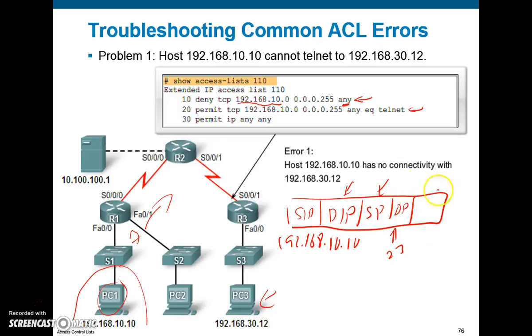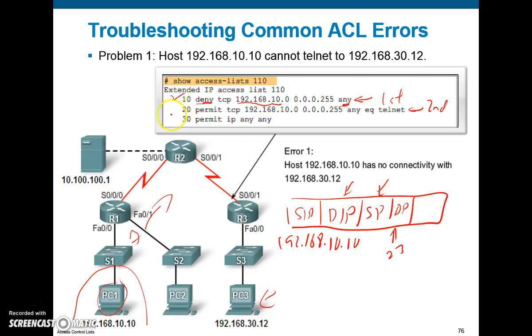This packet satisfies both the first rule and the second rule. Because the first rule is listed first inside this ACL, it applies first, so the second rule will not have any effect. What does the first rule say? If the packet matches the first rule, the packet will be dropped.